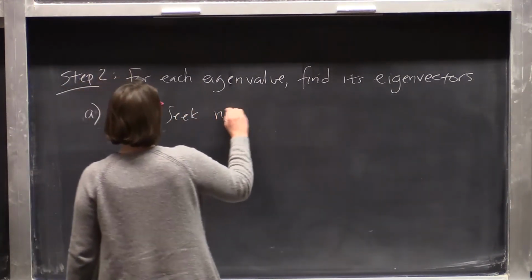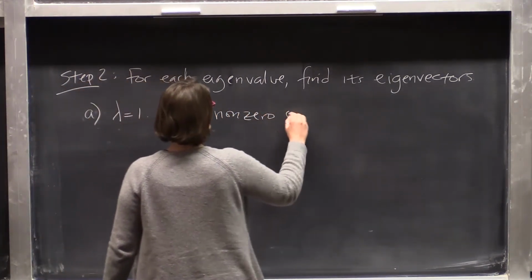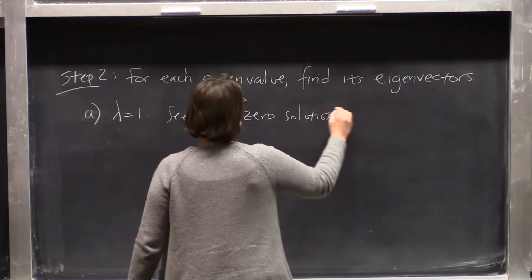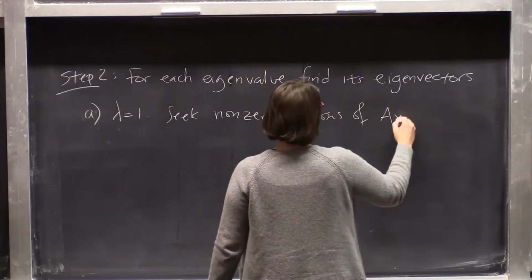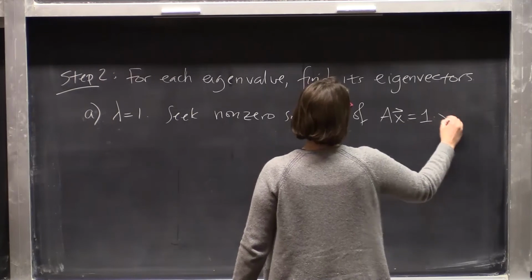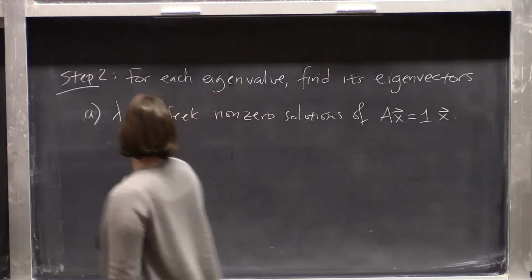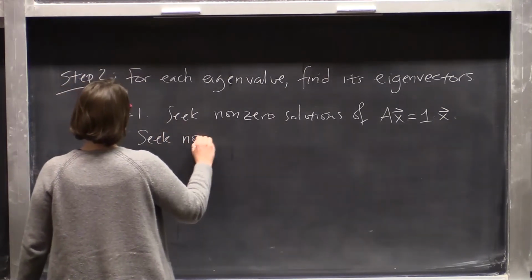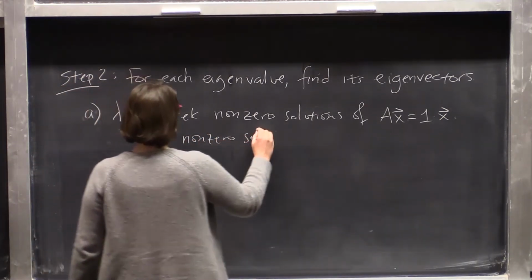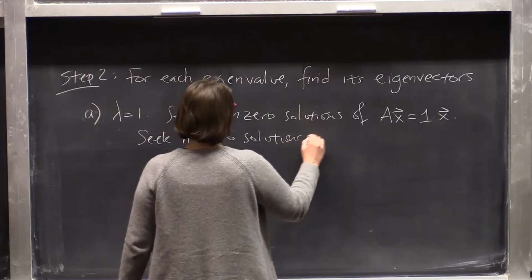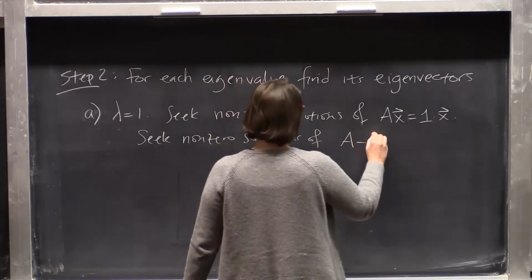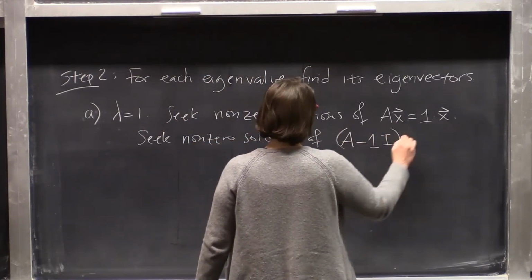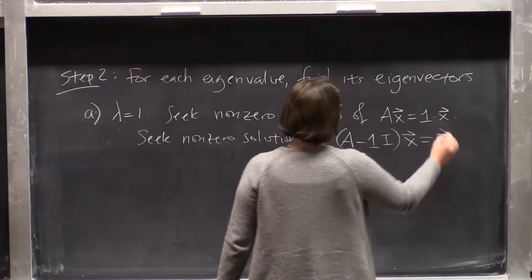Seek non-zero solutions of Ax equals 1 times x. That's the same thing as seeking non-zero solutions of (A minus 1 times the identity) times x is the 0 vector.